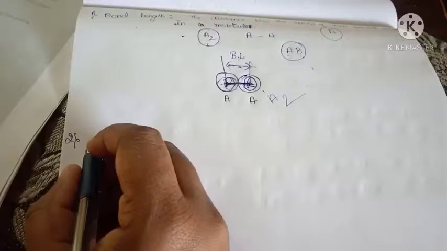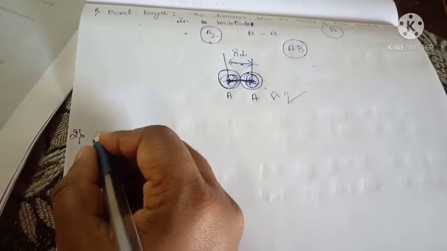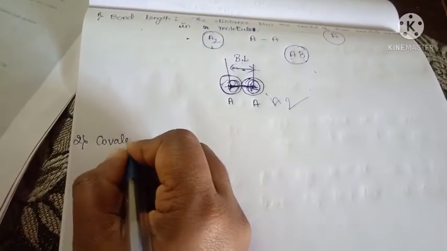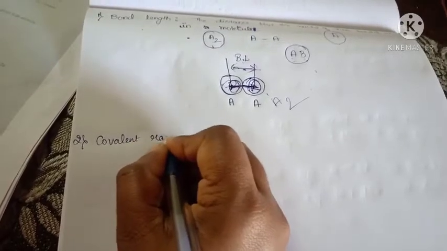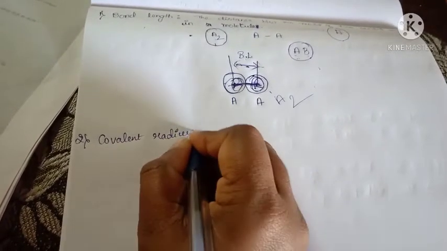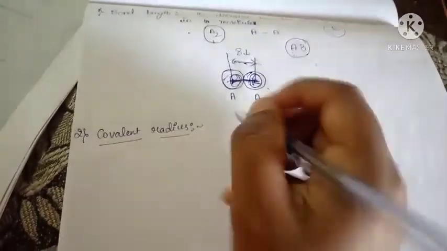Next, the second one is covalent radius. We have to know what covalent radius is.